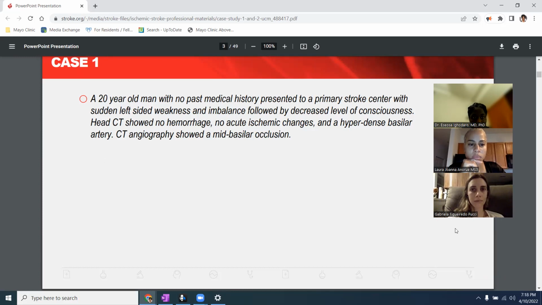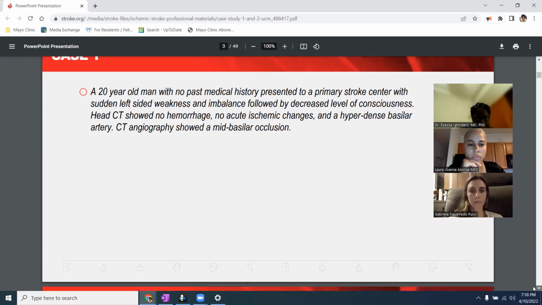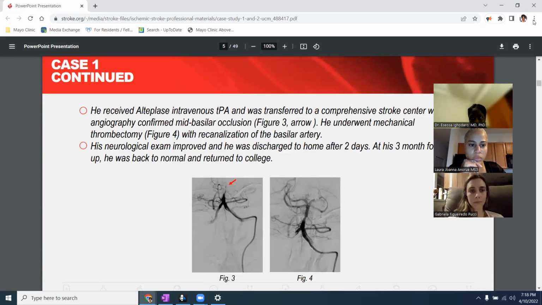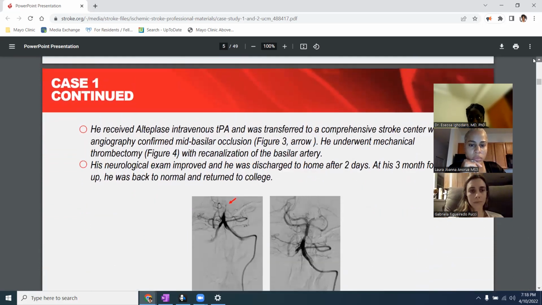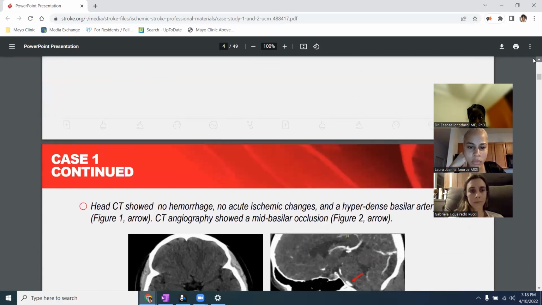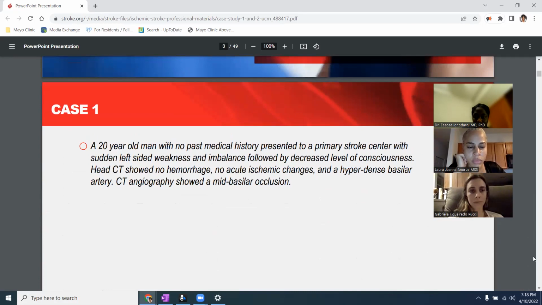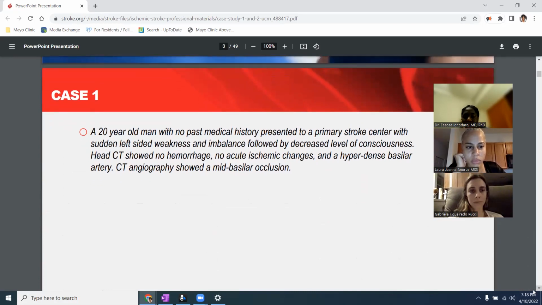So things that I would want to know is what's this patient's last known normal. They jump into the imaging. Oh, okay, well, we can just talk about it out loud. So, Laura, this is high yield for step exams, really knowing the time window for being able to give TPA and mechanical thrombectomy. So, go ahead.